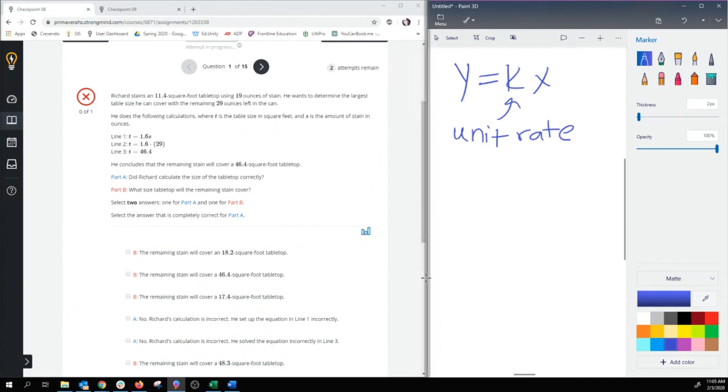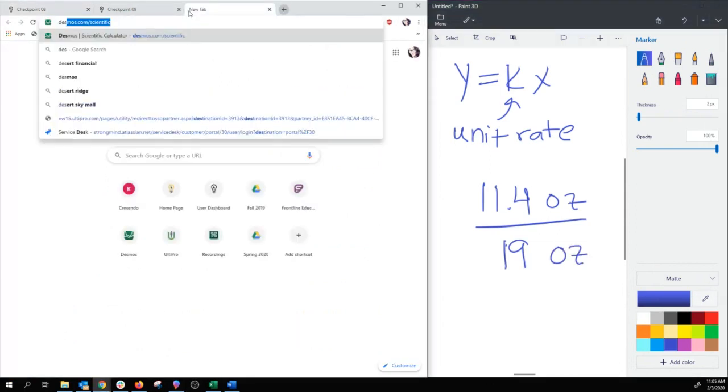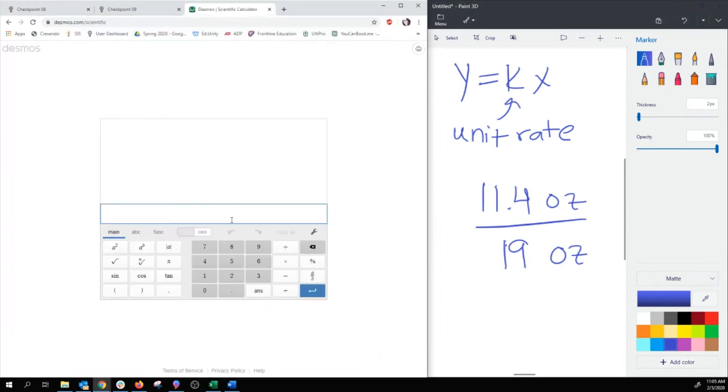So let's see. He can paint 11.4 square feet over 19 ounces total. Let's pull open Desmos. So 11.4 over 19.